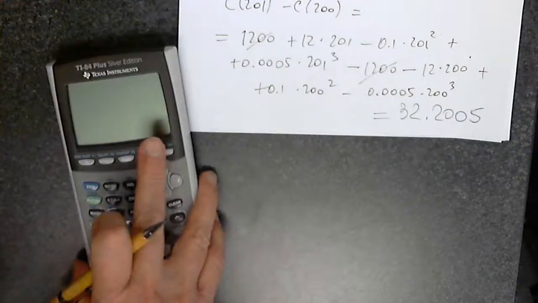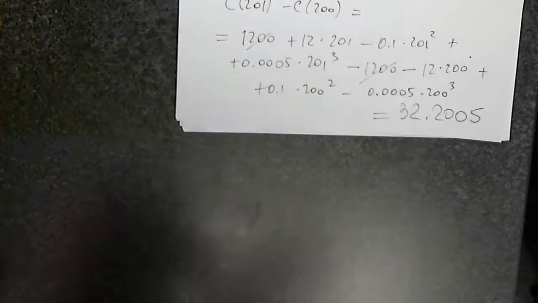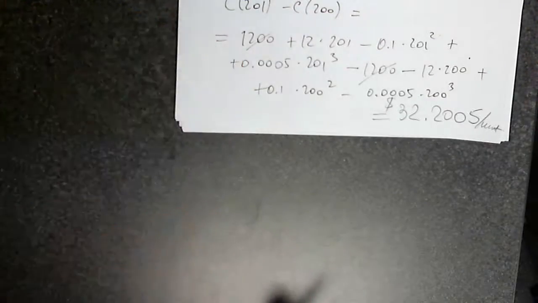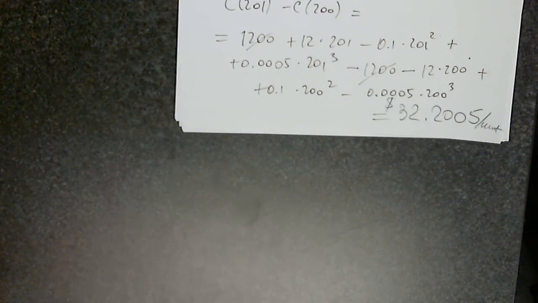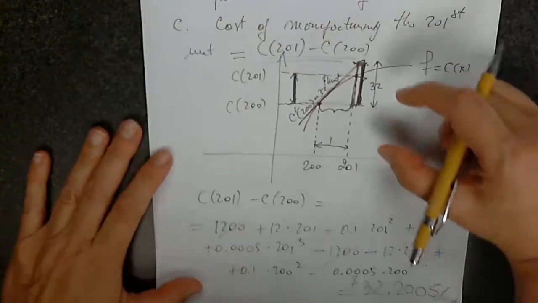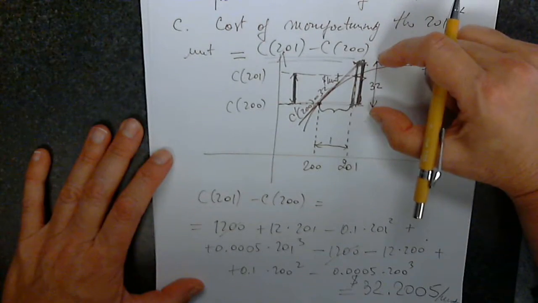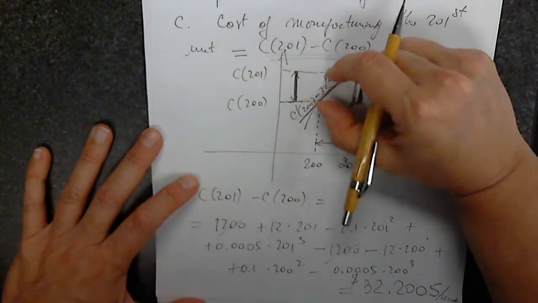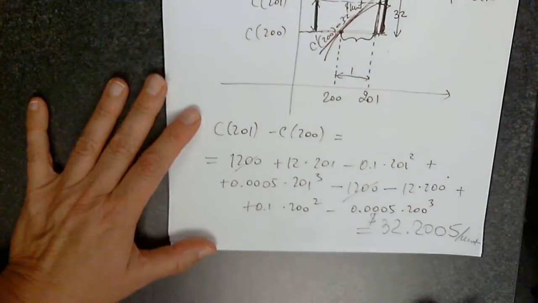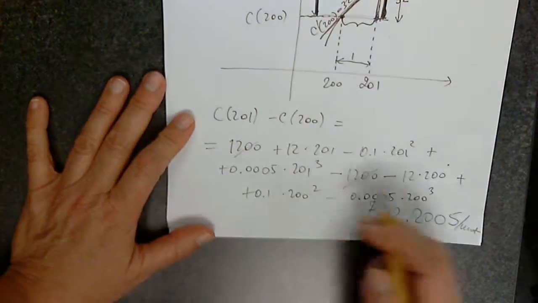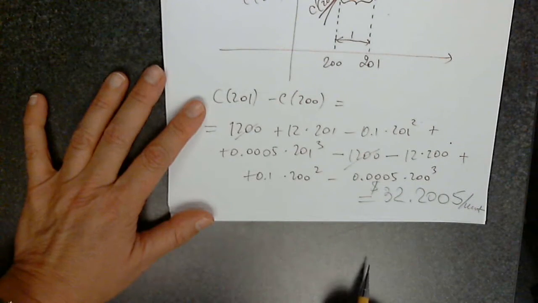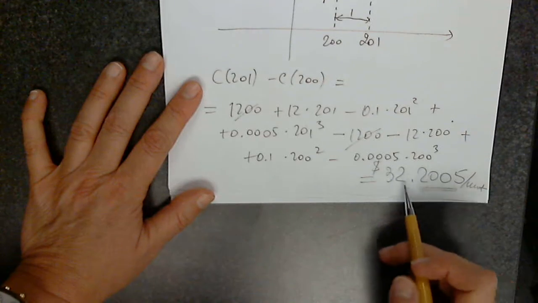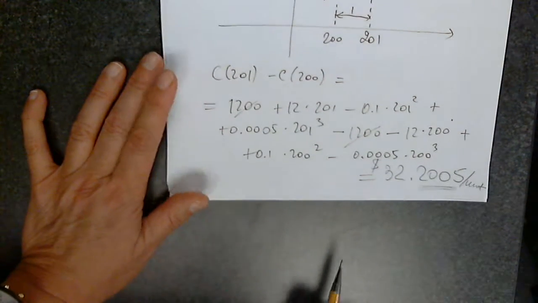Isn't that math great? Of course, dollars per unit. So when I determined this, I knew that this was an approximation. When I determine this, I know that this is the exact. But look at the work for the exact. And look at what's at stake. 0.2005 per unit.